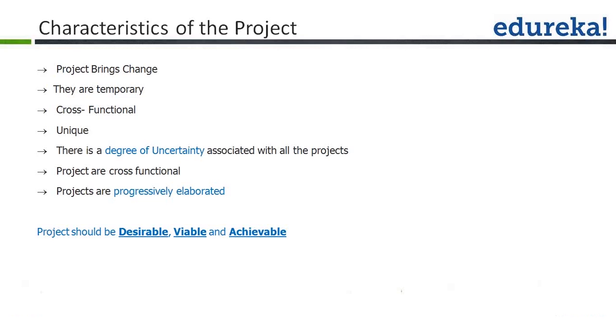And one important characteristic of a project is that projects are progressively elaborated, which means a project starts with a vision or a goal. The goal is converted into a high-level plan, and as you proceed forward, the requirements unfold and you get more clarity on the requirements of the project, and this helps you plan the immediate future at a detailed level. Now, a very, very important point: all projects should be desirable, viable, and achievable.